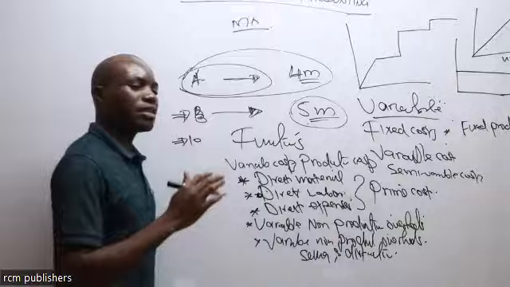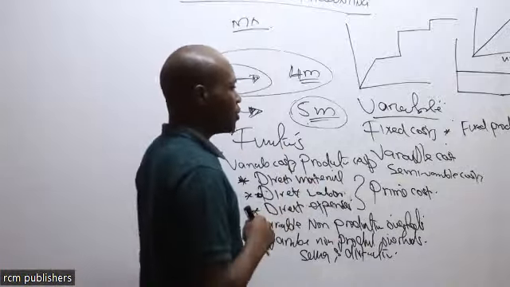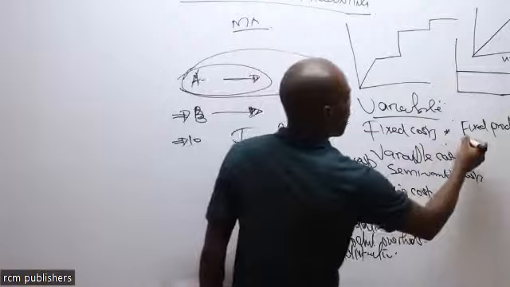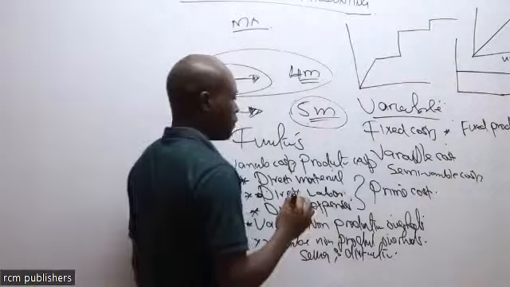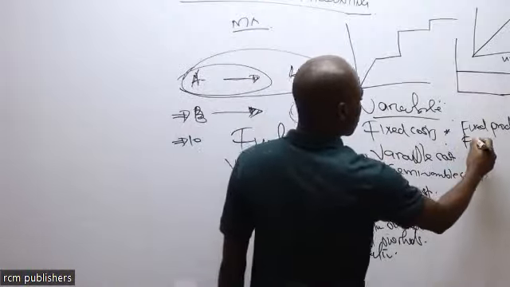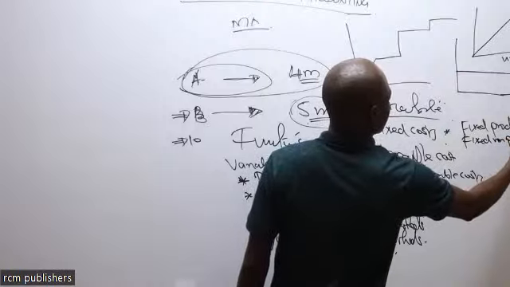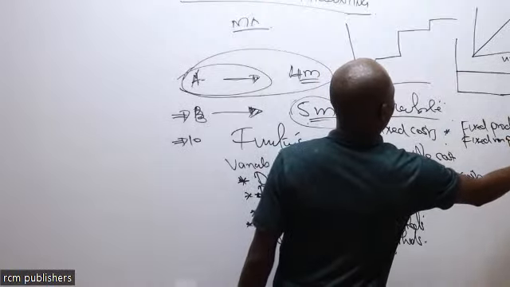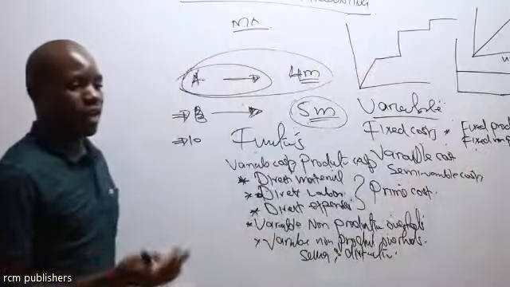No, we classify them under operating expenses. And in management accounting, we are going to classify them under fixed non-production overheads. That is where we are going to classify their claims.